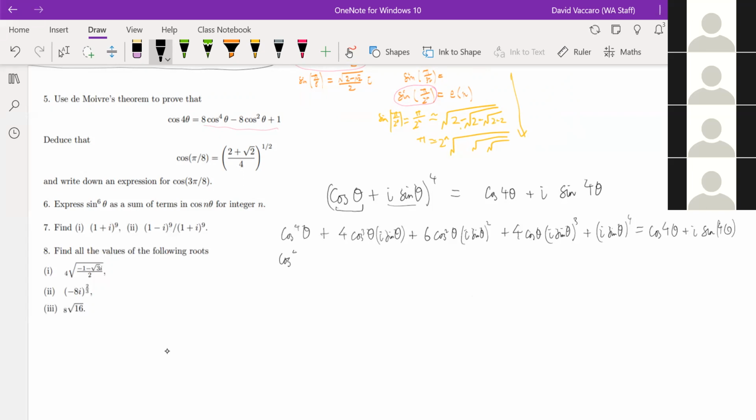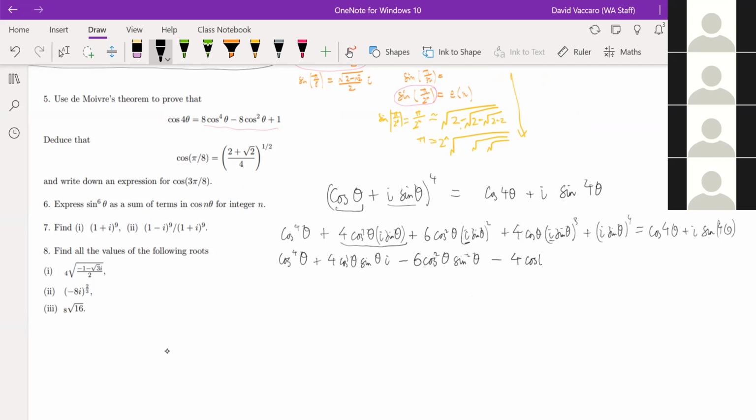Let's now try and process the i's. In this one, we've just got an i term, so we've got 4 cos cubed theta sine theta i. Here we've got an i squared term, and i squared is -1, so we get minus 6 cos squared theta sine squared theta. Here we've got an i cubed: 2 of the i's make a -1, and the third i makes a -i.